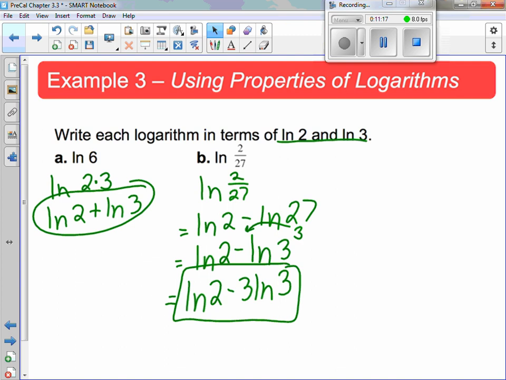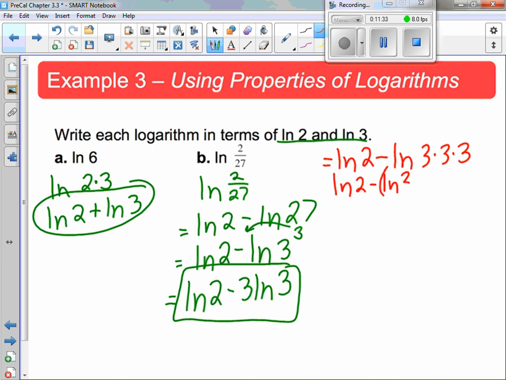Now, what you were saying, yes, that would work. Because what we could have done is gone from this here and said that this is 3 times 3 times 3, or 9 times 3, and broken it up that way, which would have been ln of 2 minus ln of 3 plus ln of 3 plus ln of 3. We've got to put parentheses around it. We have to put parentheses around it.